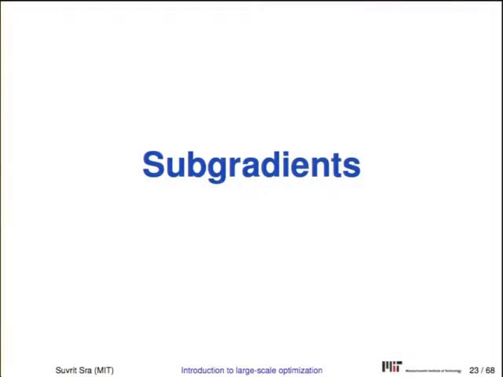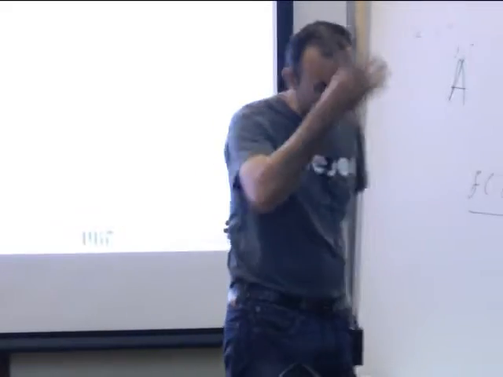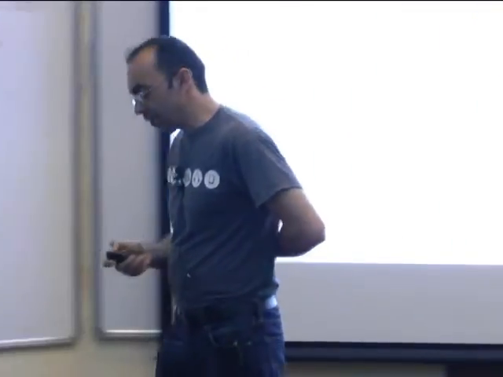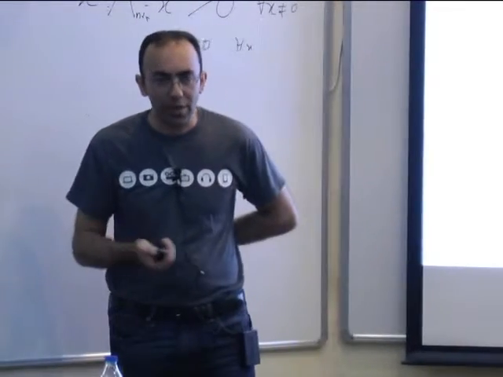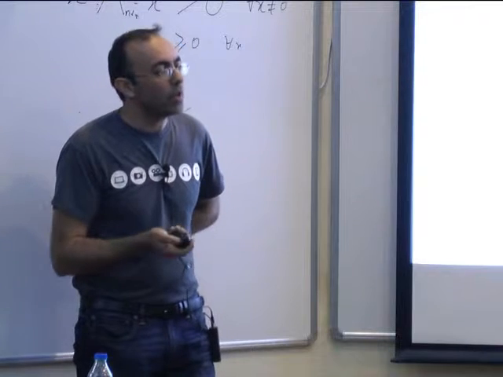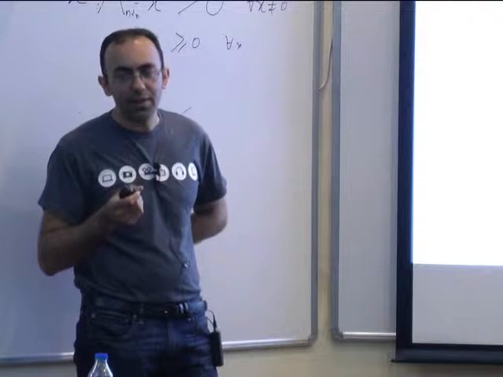Okay, so now very closely related to the idea of the Fenchel conjugate, which is essentially coming from the Max theorem that we had, is the idea of subgradients and the idea of duality. These two go together. Whenever you hear the word duality, there are several different kinds of duality that exist.